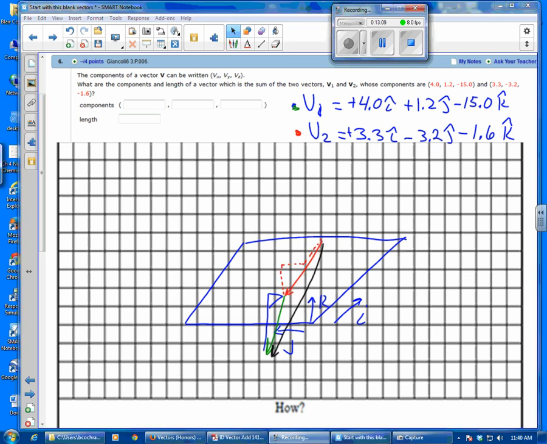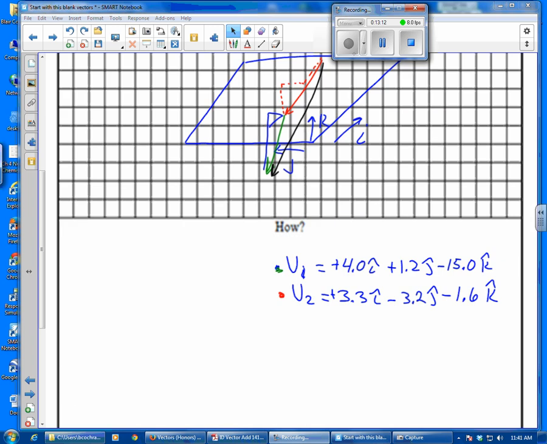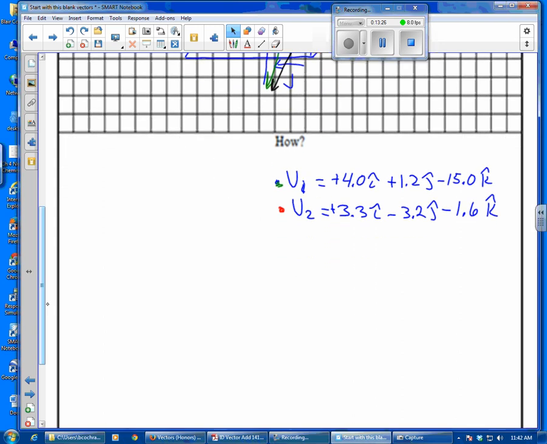Hey, here's my diagram. While you were at lunch, I did my beautiful diagram here. Isn't it pretty? And now I want to add these two together. This is one thing I like about having these in unit vector notation.